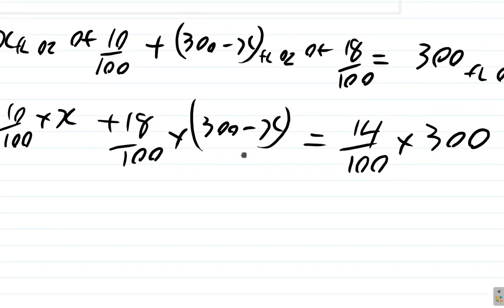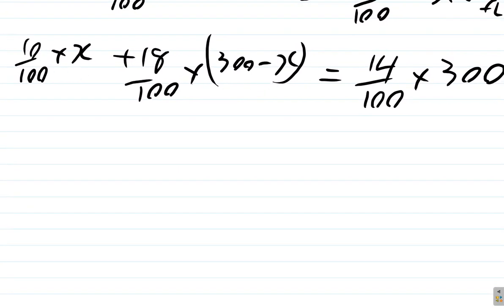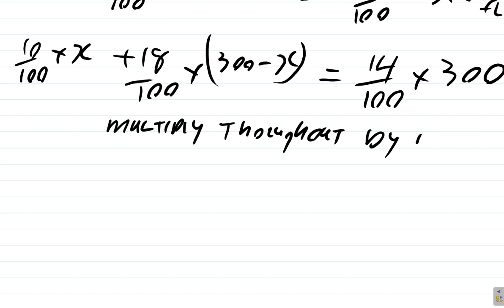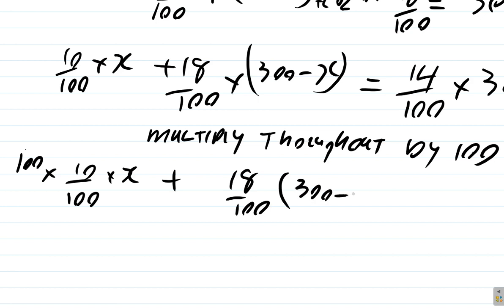Let's multiply everything again by 100 to get rid of these fractions, right? Multiply throughout by 100. We have 10 over 100 times x, but we multiply that by 100, plus 18 over 100 times 300 minus x, and we multiply by 100.